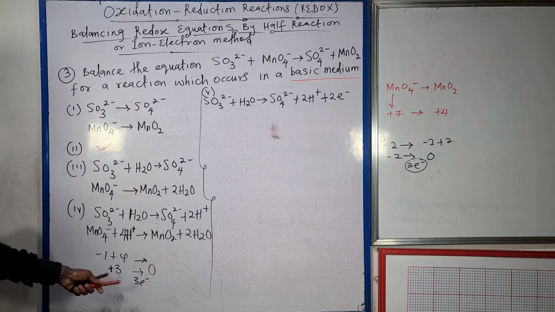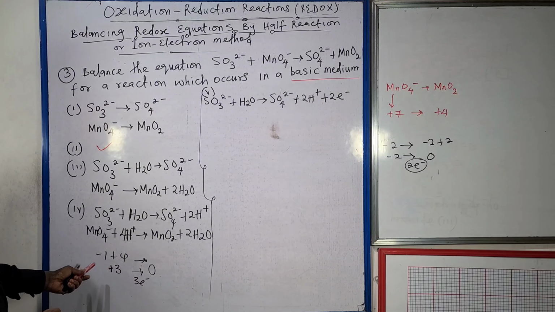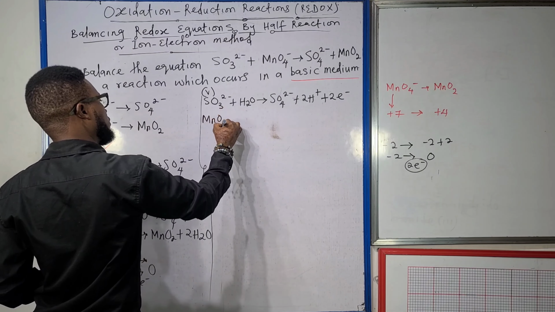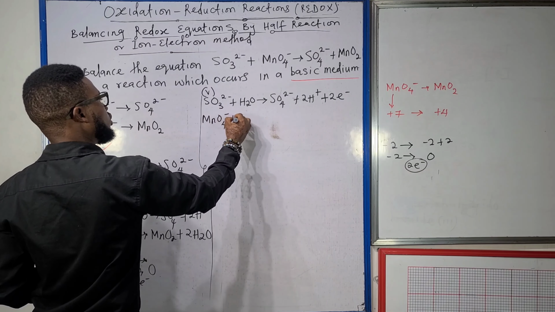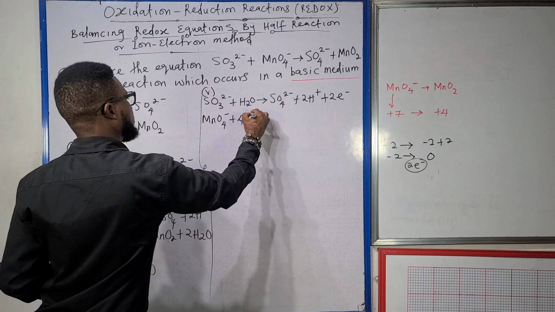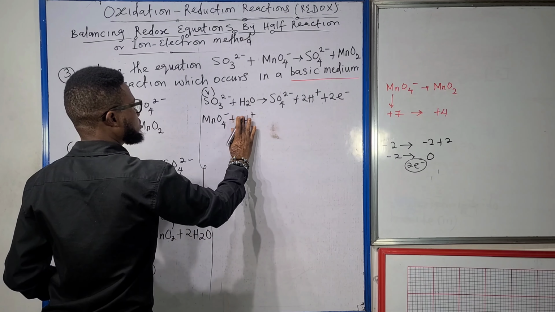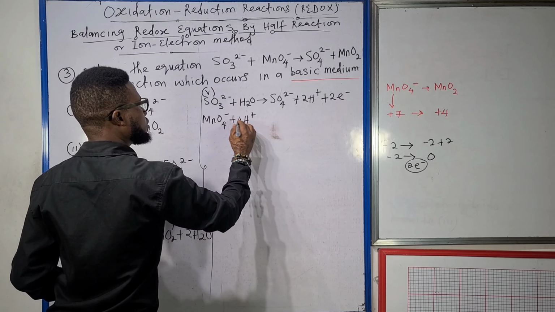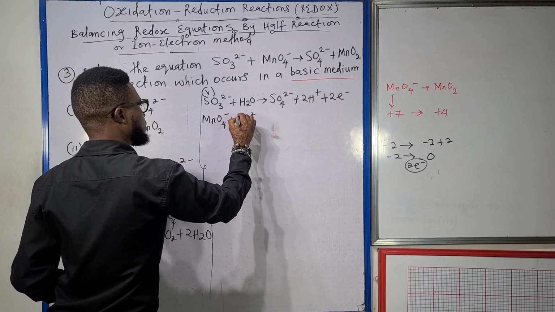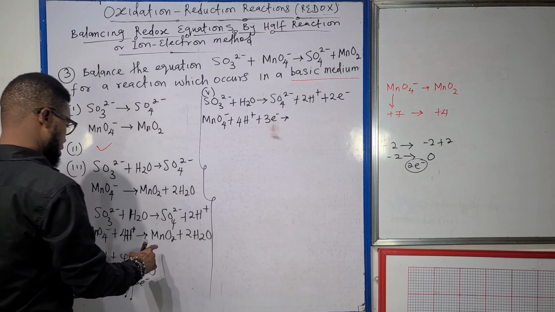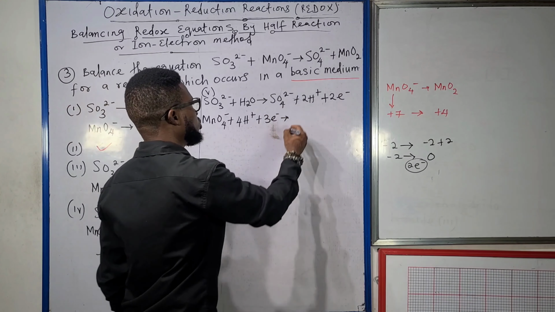We'll be adding the electrons to the more positive side, and that is the reactant side. So this means MnO4 minus plus 4H plus plus 3 electrons gives us MnO2 plus 2H2O.